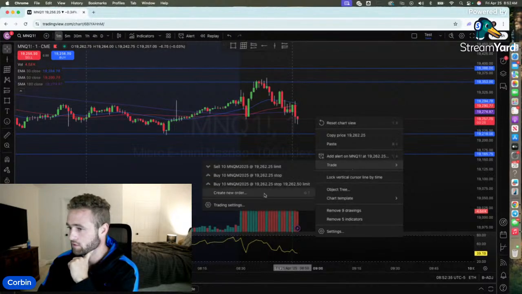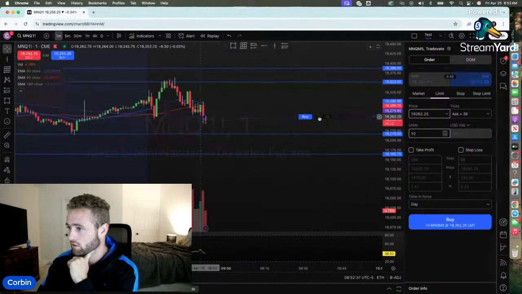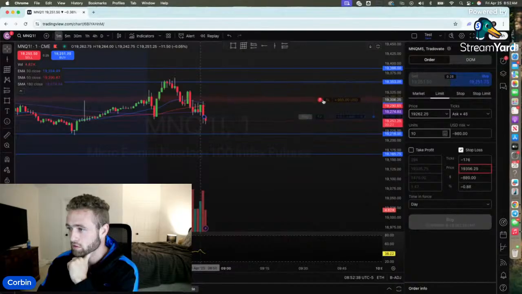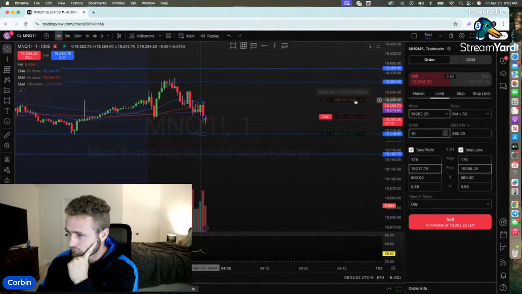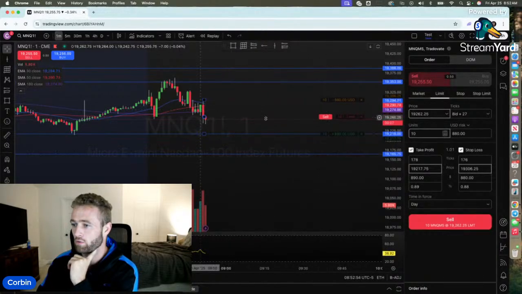So if I just create an order, if I put my stop loss, sell, if I put my stop loss up there, I might take profit at that level there. It's a 1-to-1 risk reward ratio.